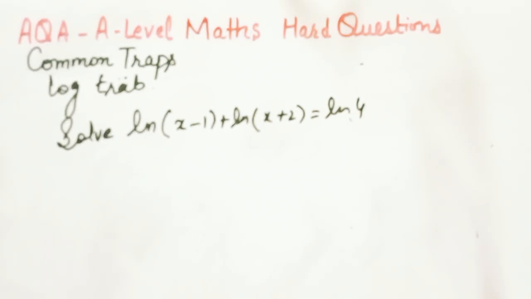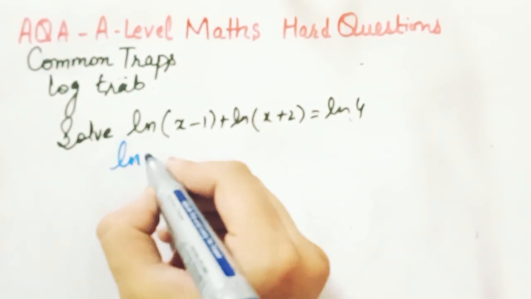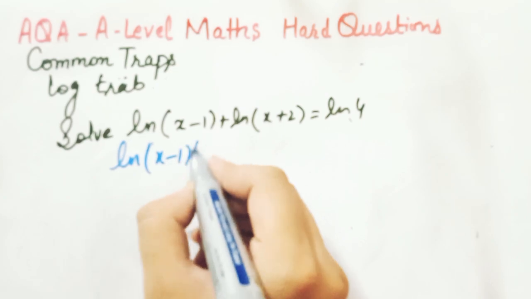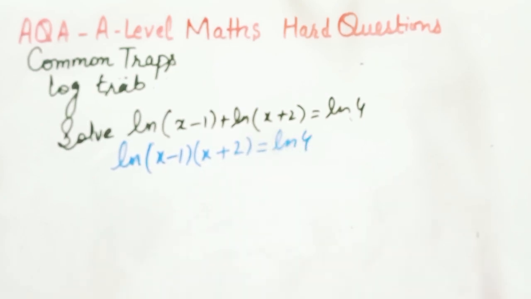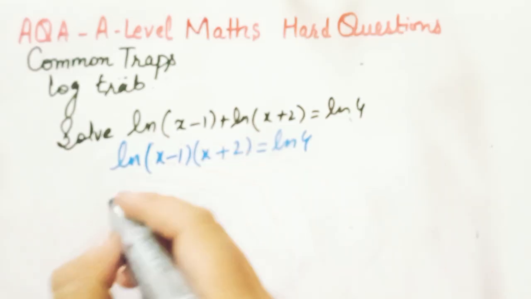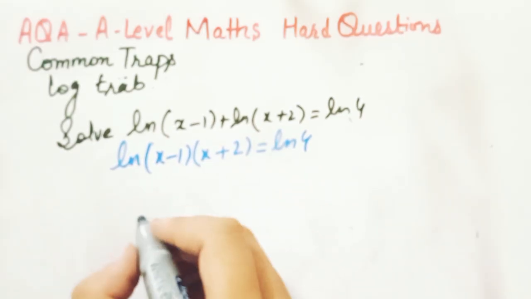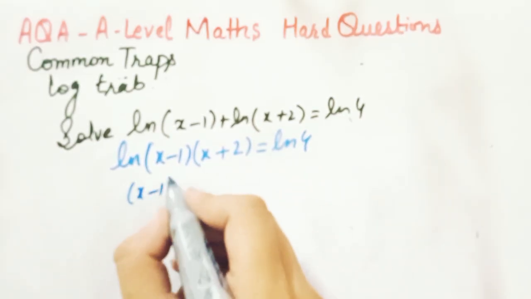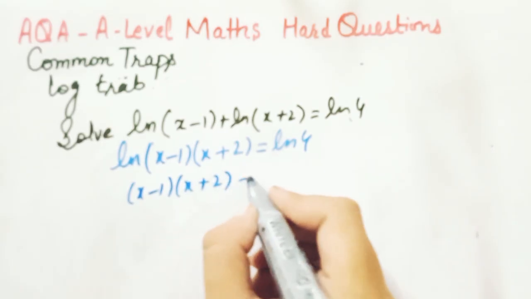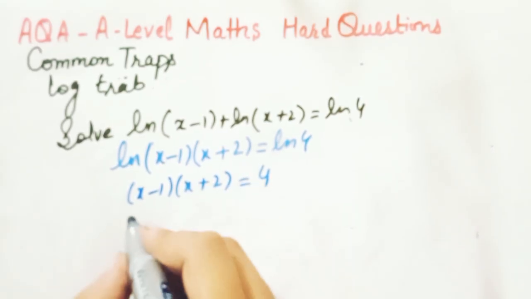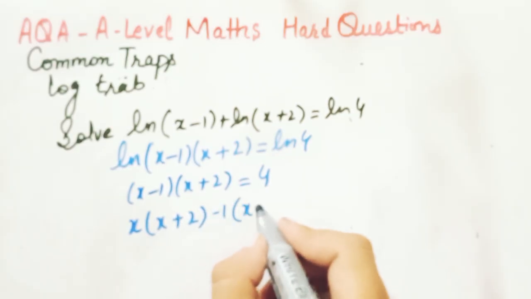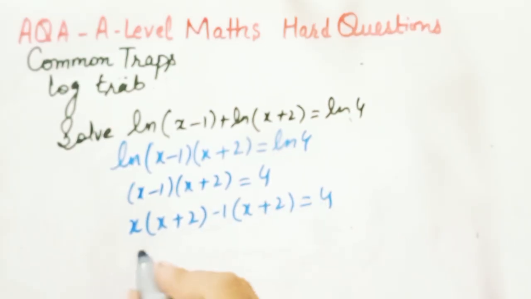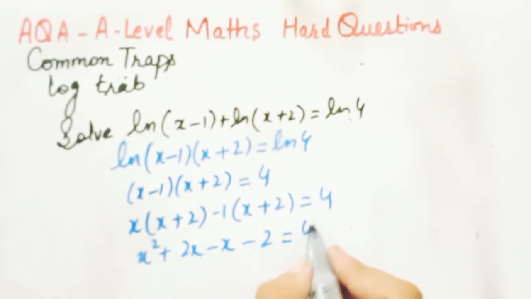We apply the log rule here, take its product form, so ln of (x minus 1)(x plus 2) equals ln 4. Now ln cancels out on both sides and we have (x minus 1)(x plus 2) equals 4. So x squared plus 2x minus x minus 2 equals 4.